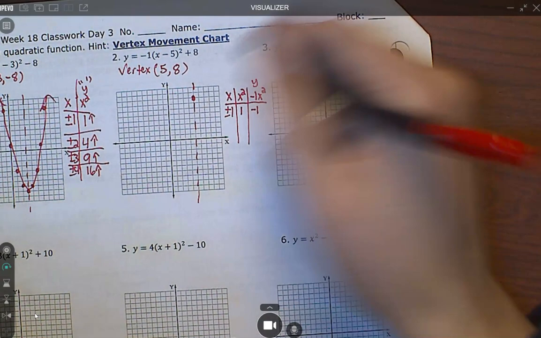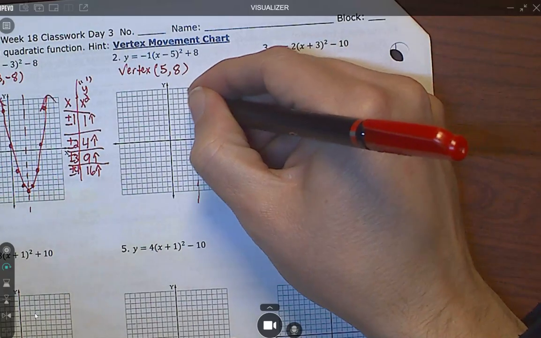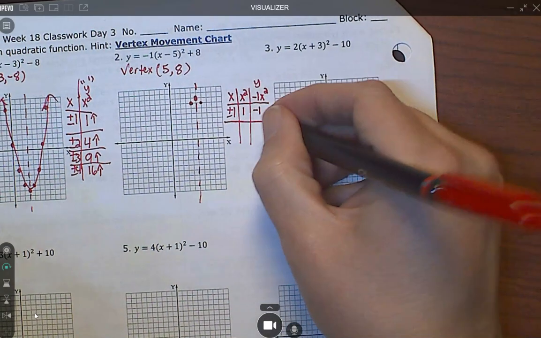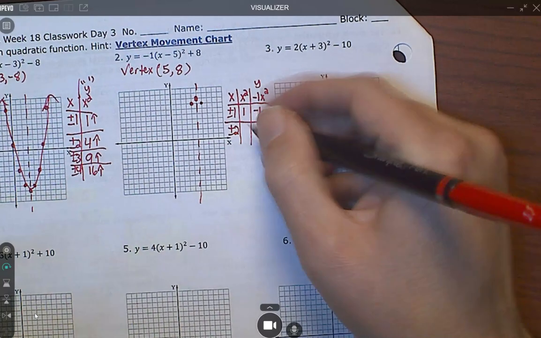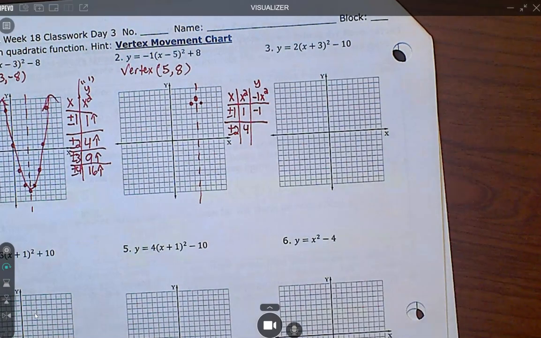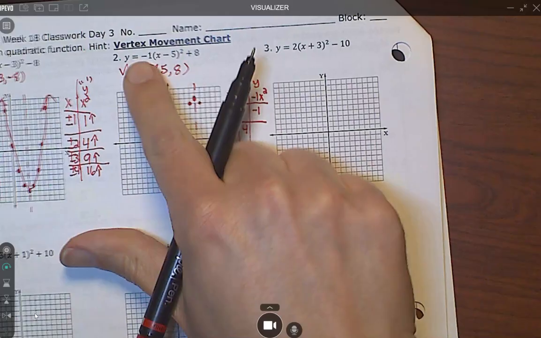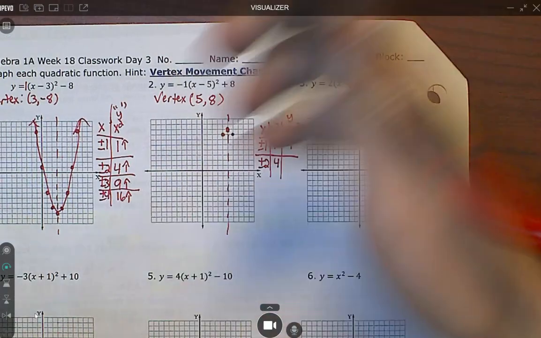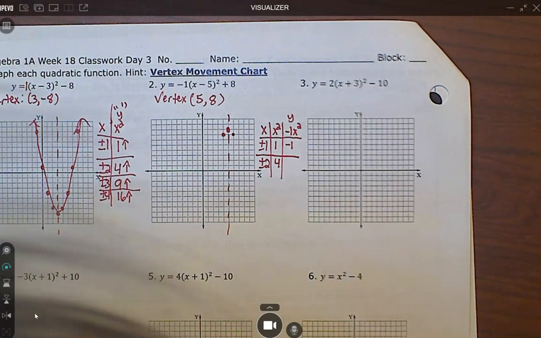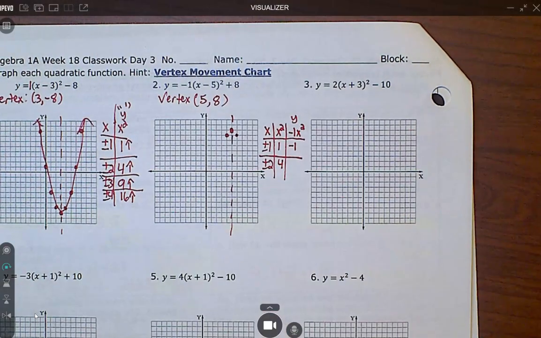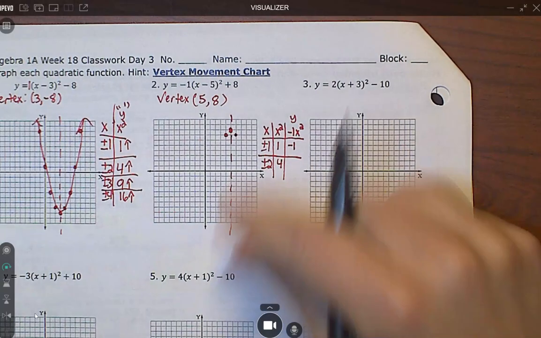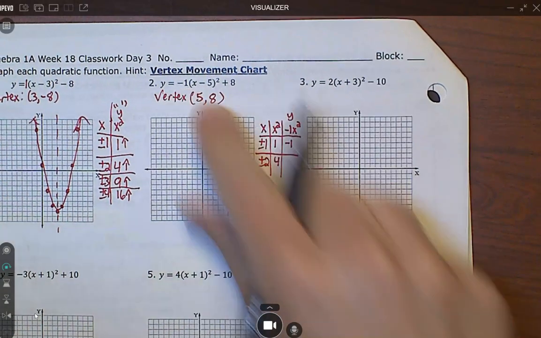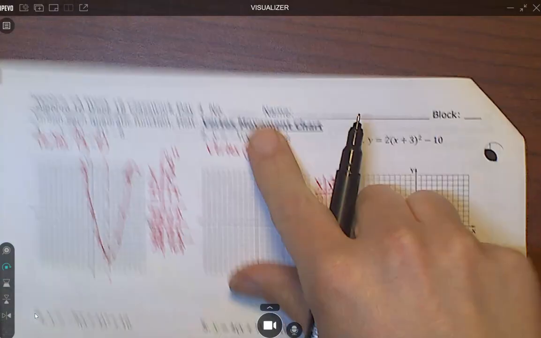I'd go down 1. If I go plus or minus 2, I'd normally go up 4, but that negative 1 in front of the x squared, they call that a. I don't want to give you another a, but it's basically whatever's in front of that, what you multiply the x squared by.